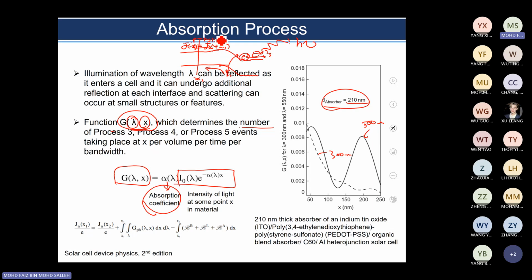So if we put it over here, Jn at x1 we consider as 1. If we don't have that kind of phenomenon, it equals the position after this, x2, Jn at x2. But in this case, because we have this photovoltaic action and free electrons, we need to add the current resulting from the numbers of those three processes.